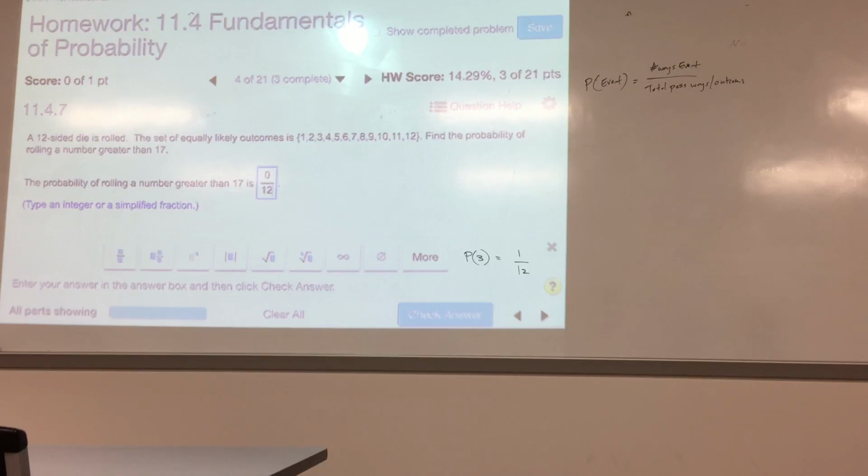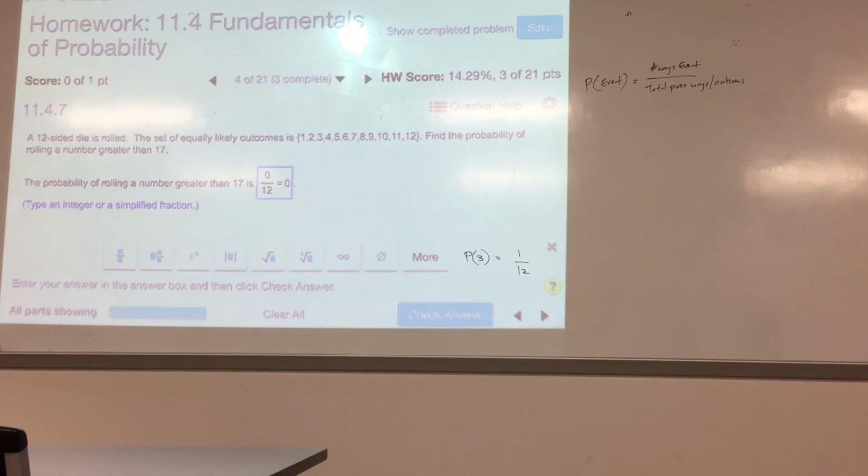But there's no need to freak out here. It's not a big deal. There are 0 ways that you can get a number greater than 17 out of the 12 possible ways to have this occur, how the die is going to come out, the outcome is going to come out.